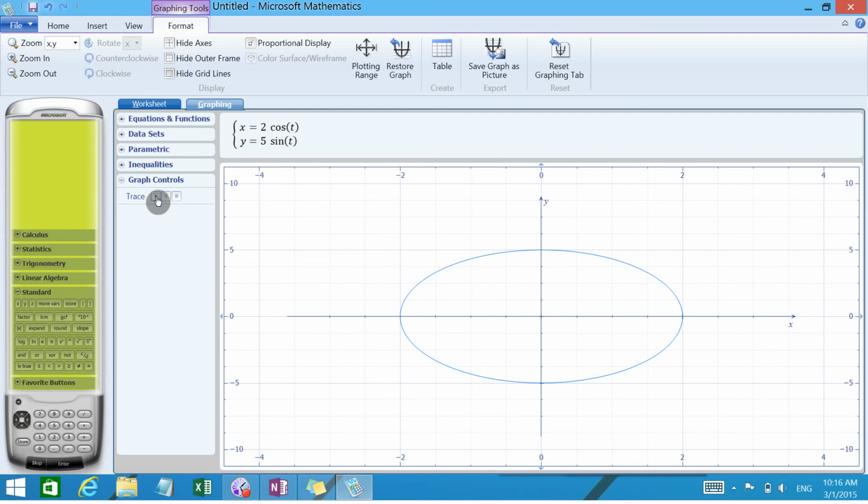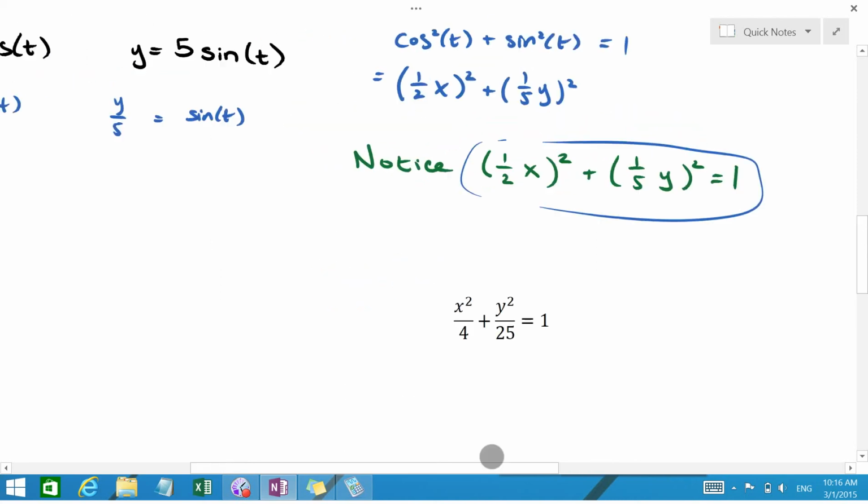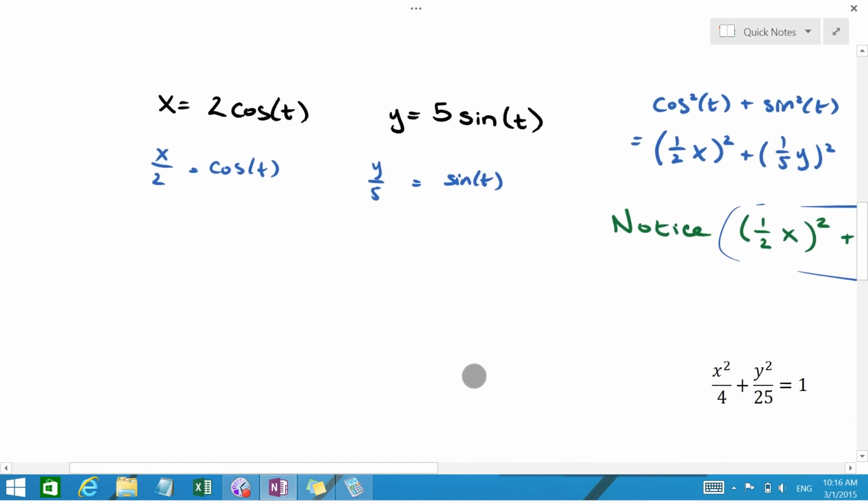And again, as you trace it, you're kind of just going around the ellipse, back and forth. So multiplying or scaling the x and the y has the effect of kind of squashing the circle in one direction or another to give you an ellipse. So there's just another example of a parametric formula.